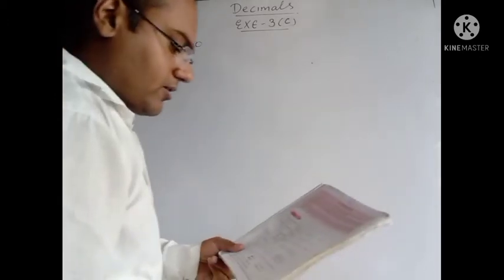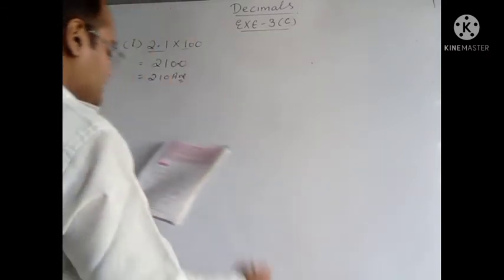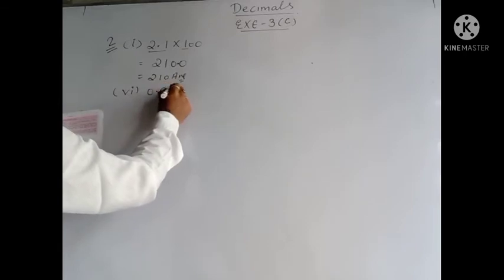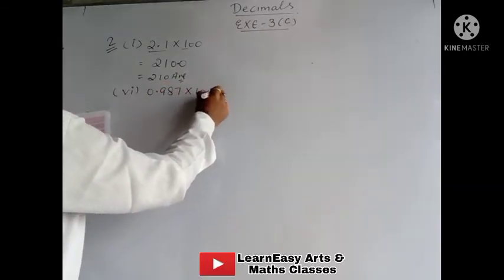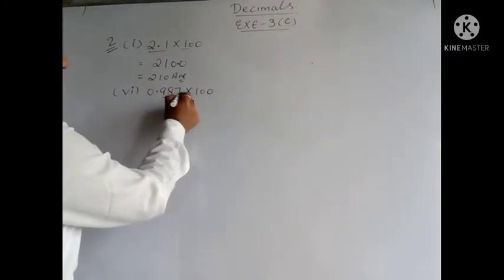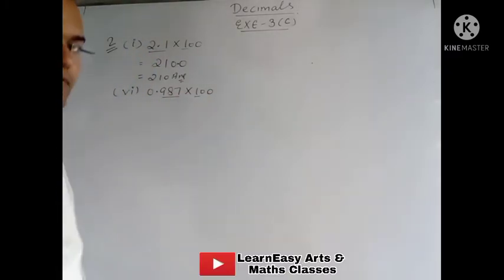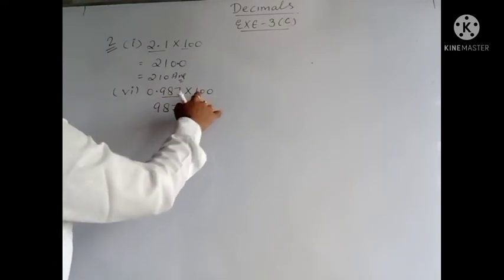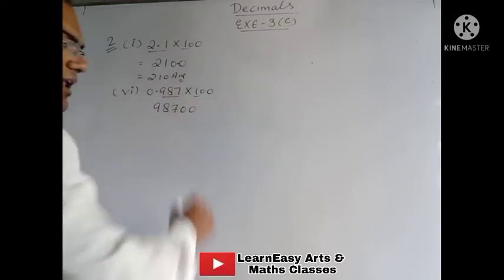Now see another part. Part number 6th. 0.987 multiply 100. Same work we will do here also. 987 multiply with 1 we will do. So 987 1 ja 987. Last two 0 we will write at last.